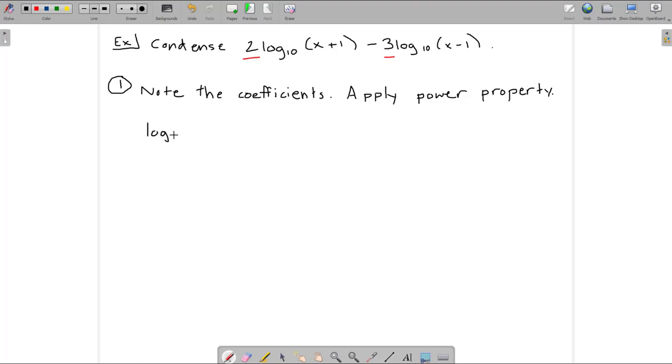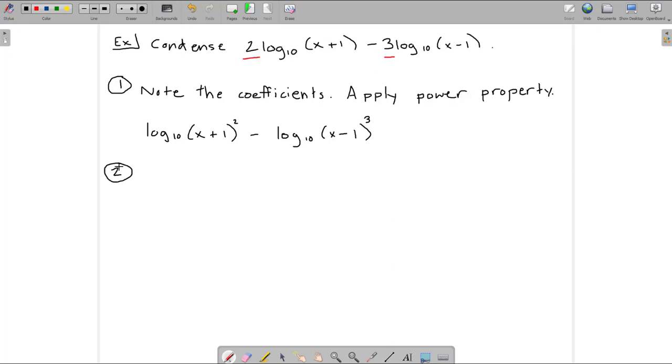Log base 10 of x plus 1, taking this 2 as the power, that's going to be squared. And then minus log base 10 of x minus 1, taking that 3 and putting it back, cubed, to the third power there. All right, so we've got those back.